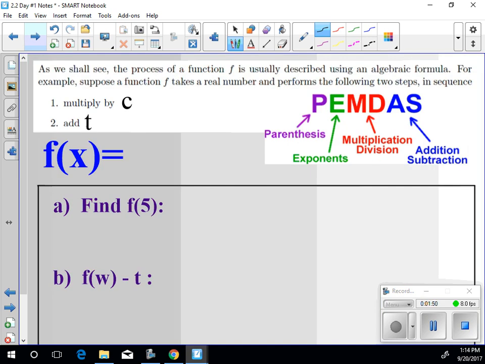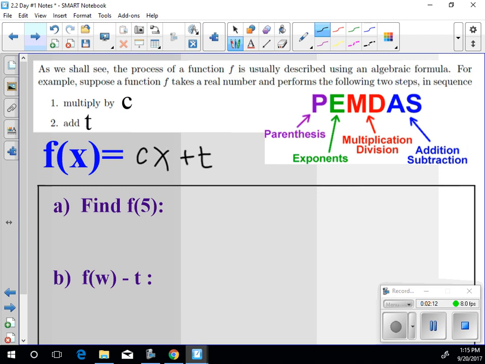Let's look at another one. Okay, this one is generic in nature, right? Meaning that there are no numbers involved. But if I take f of x, let's call f of x x, and I multiply by c, and then add t. Right? I don't need parentheses there, but f of x would be cx plus t.